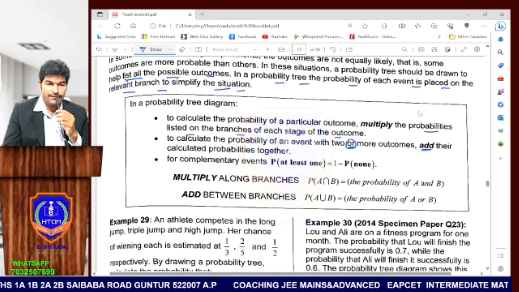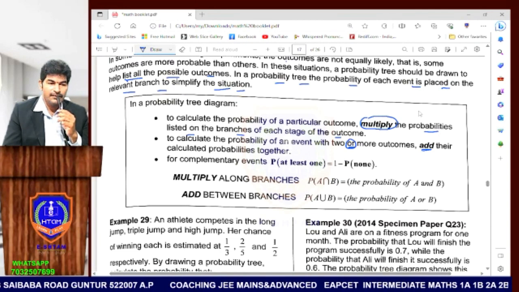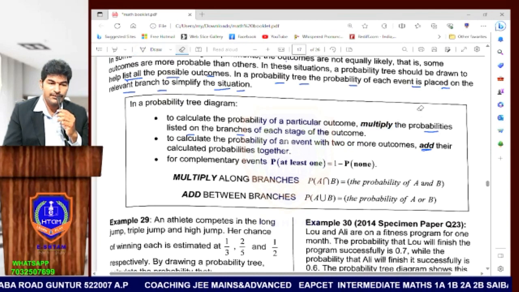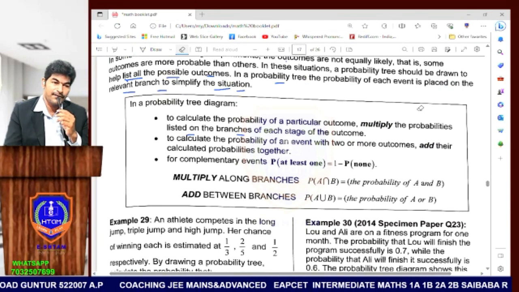And if you are listing them together, then you should multiply. This is the simple case. In our problems, I will tell you in detail when to add and when to multiply the respective probabilities.